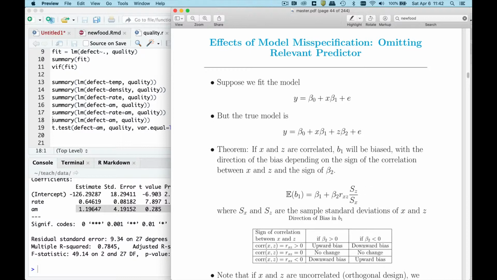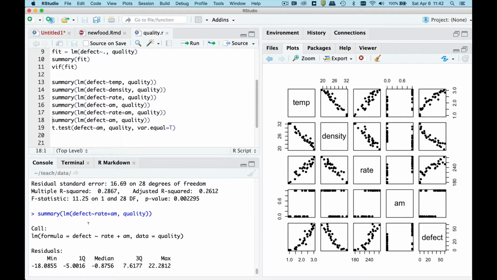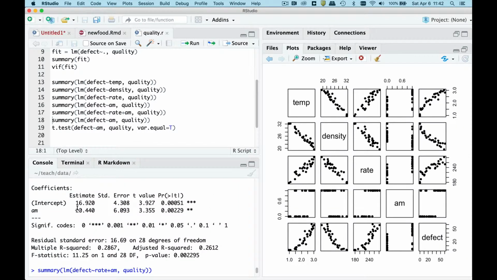So what that means is if we were to estimate the model using only AM, like an independent sample t-test, we would have an upward bias. We would overestimate the effect of the shift on defects. And sure enough, that's exactly what happened. Instead of having one more defect per 1,000, we estimate it at 20. That's the upward bias due to the omitted variables.